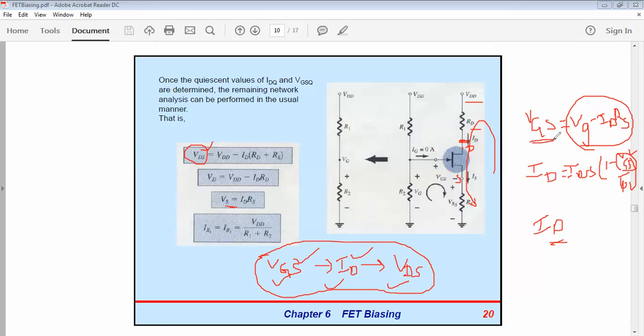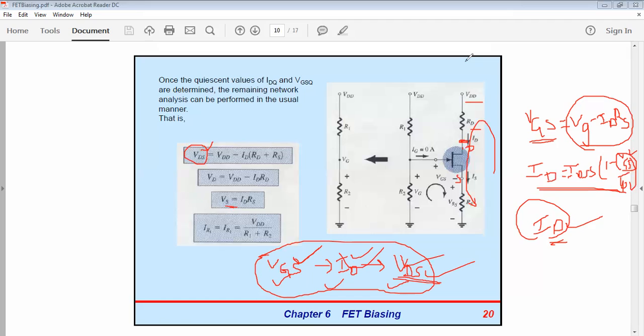Once we know VGS, that VGS value or expression is substituted in the current equation. If it is a depletion mode MOSFET or JFET, this is the current equation: ID is equal to IDSS into 1 minus VGS by VP whole square. Then you will get the ID value or expression. Once you know ID, you can easily calculate VDS, output voltage, input voltage, and output current.